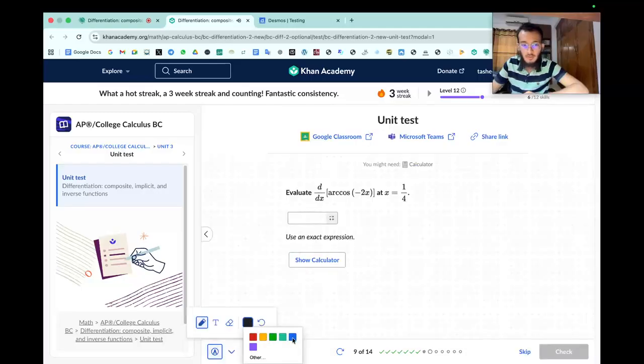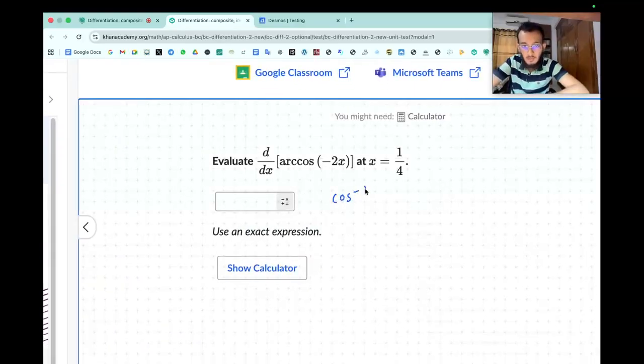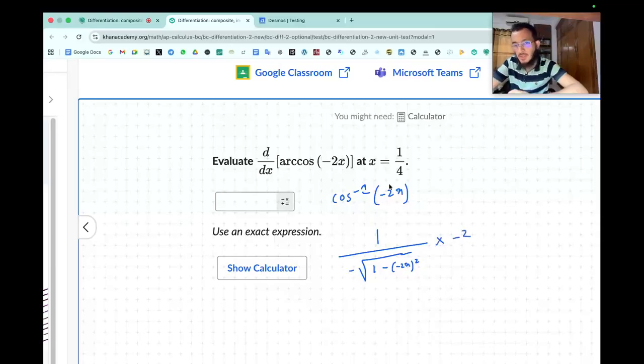Next question. Differentiation of cos inverse of negative 2x. Well, we know that differentiation of cos inverse x is 1 upon negative root 1 minus x squared. Multiplied by the differentiation of the inside, which is negative 2.